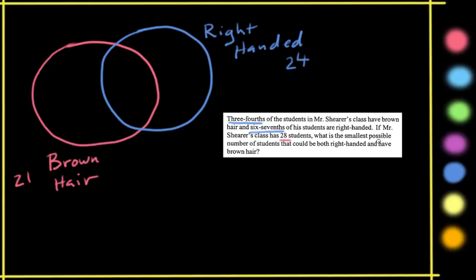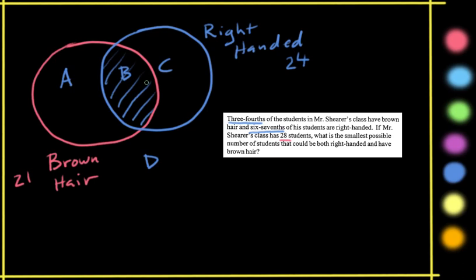And the question is, what's the smallest possible number of students that could be both right-handed and have brown hair? So they want to know the smallest number that could be in this area here. And the thing is, there's 4 numbers. There's this number A here, this number B here, C here, and then D here outside.